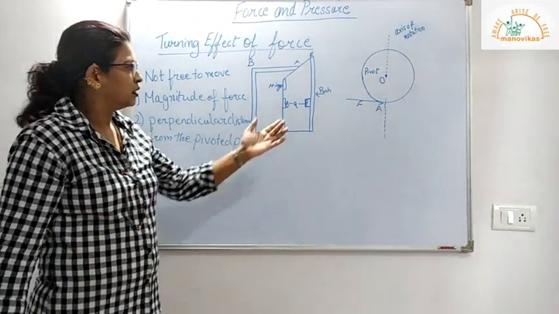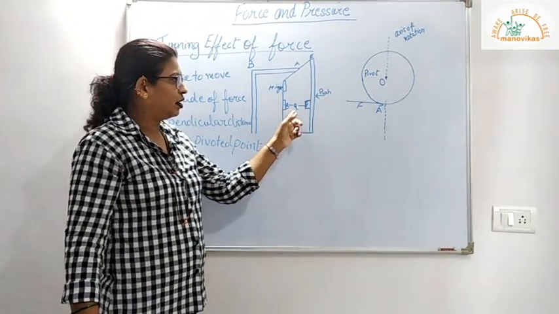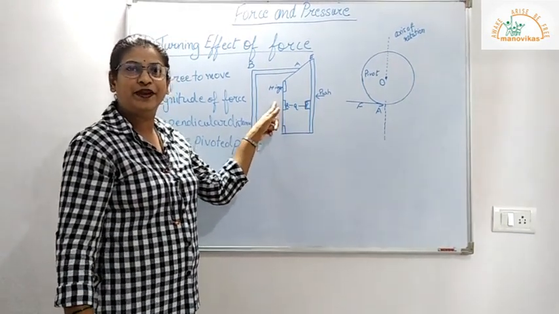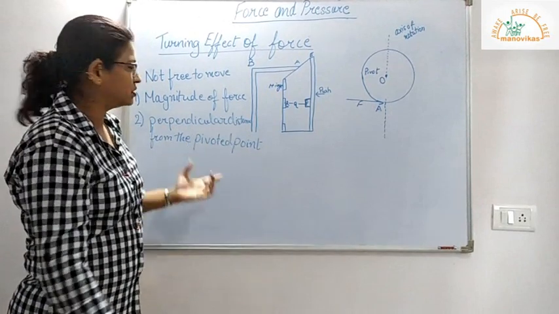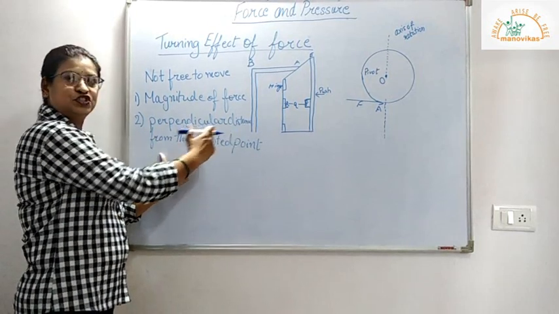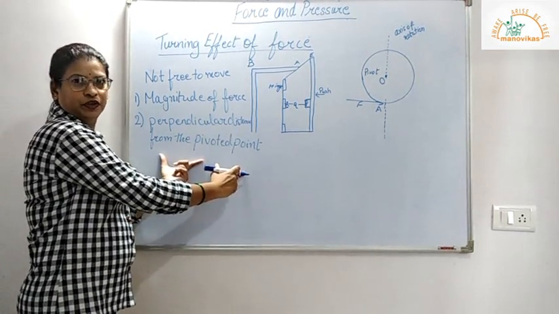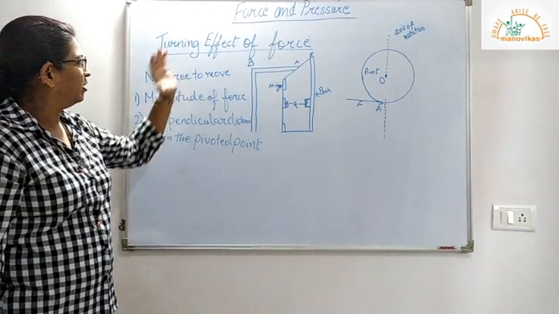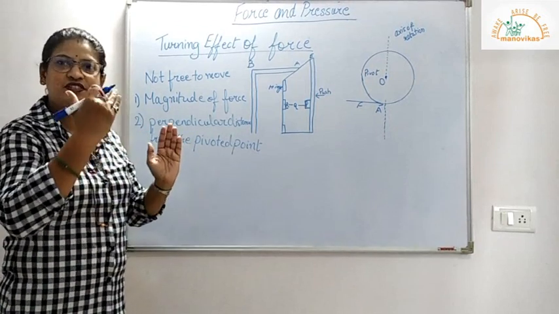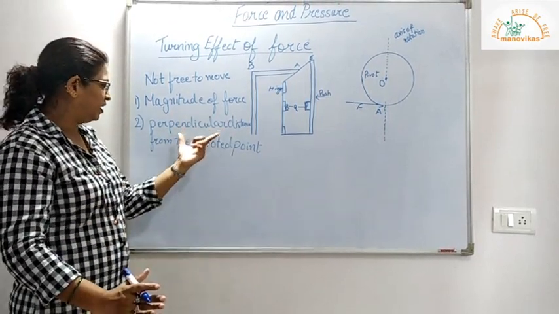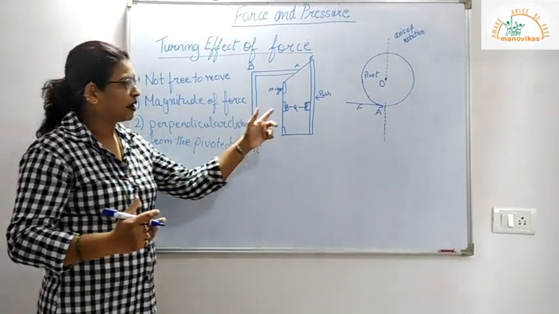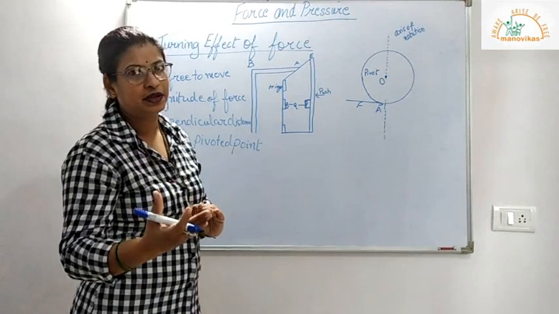That is because the same magnitude of force is acting on all the points, but the distance from the pivoted point is now increased, because the second factor which affects the turning effect of the force is the perpendicular distance from the pivoted point. So the turning effect depends on the magnitude of force. The larger the magnitude of force, the larger is the turning effect, and the more the perpendicular distance from the pivoted point, the more is the turning effect.